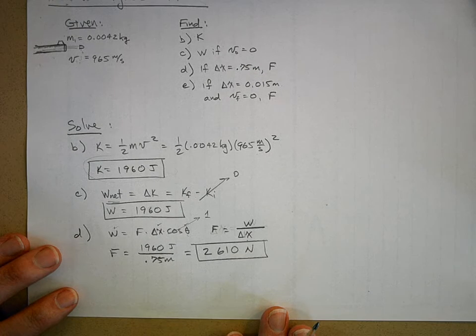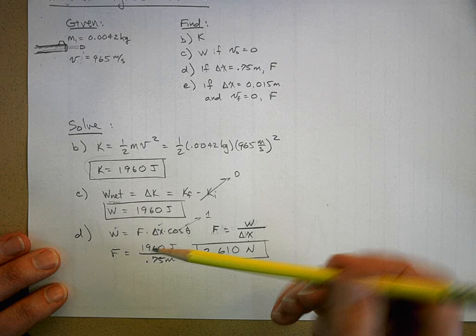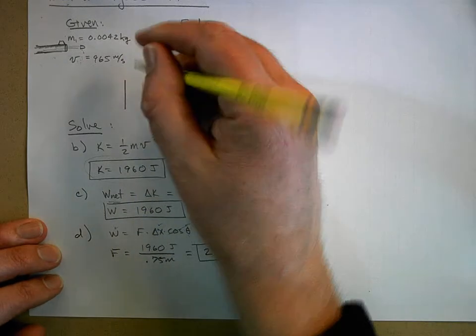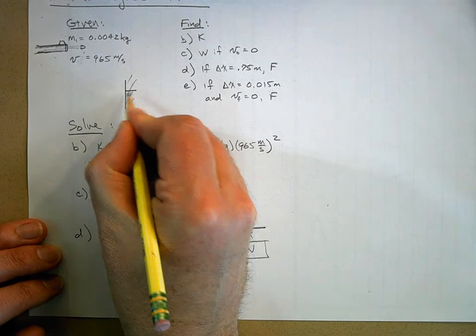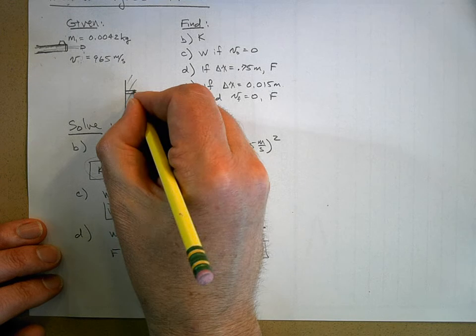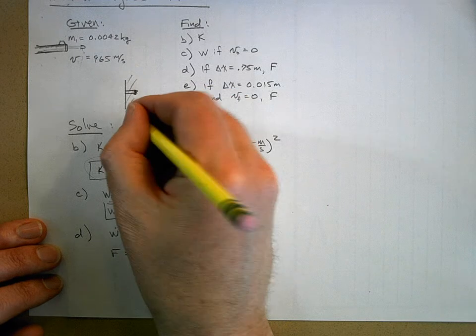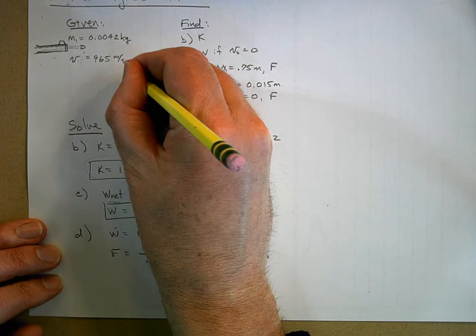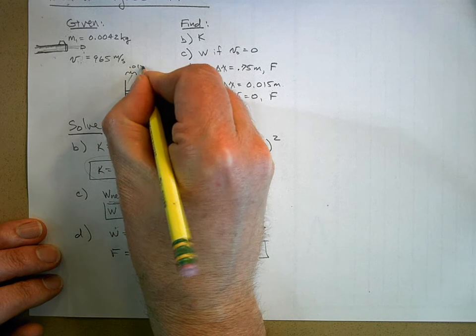Now part E, if the displacement is 0.015, it's shot into metal, so we can draw a picture of that. Here's some chunk of metal, and the bullet hits and embeds itself into that metal. It's probably all smushed when it hits, and that displacement is to the right at 0.015 meters.